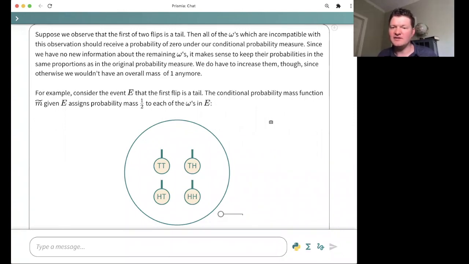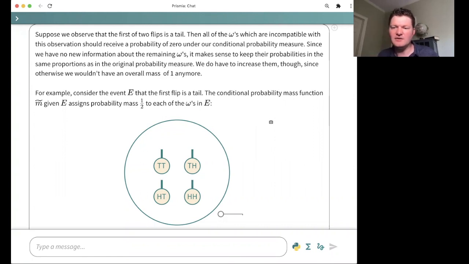And that makes sense, but it's not enough to just take some of the elements of a sample space and squash their probability to 0, because now we'll have a total amount of probability mass less than 1, and that's no good. So we have to boost all of the other probabilities to compensate.